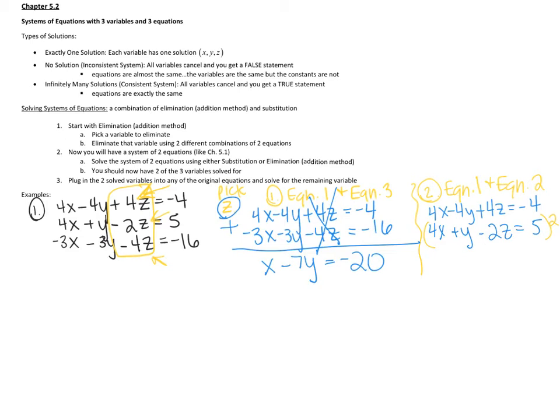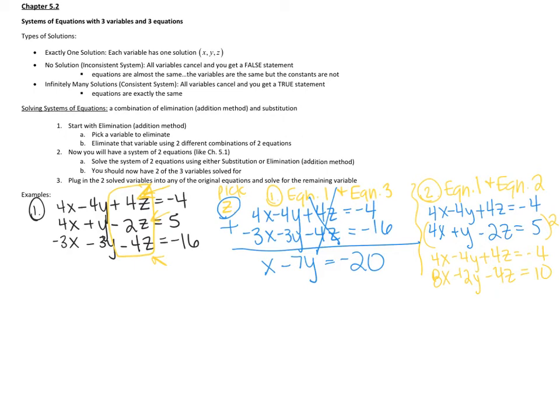All right, so let's rewrite our first equation because I didn't do anything with it. So we have 4x minus 4y plus 4z equals negative 4. My second equation, I now have 8x plus 2y minus 4z equals 10.